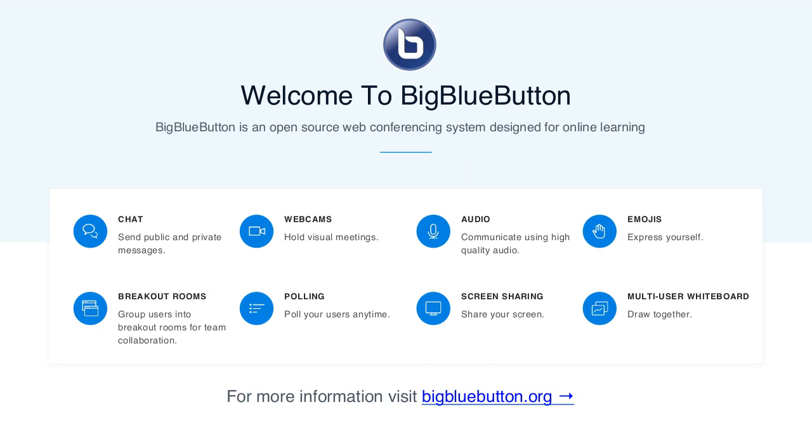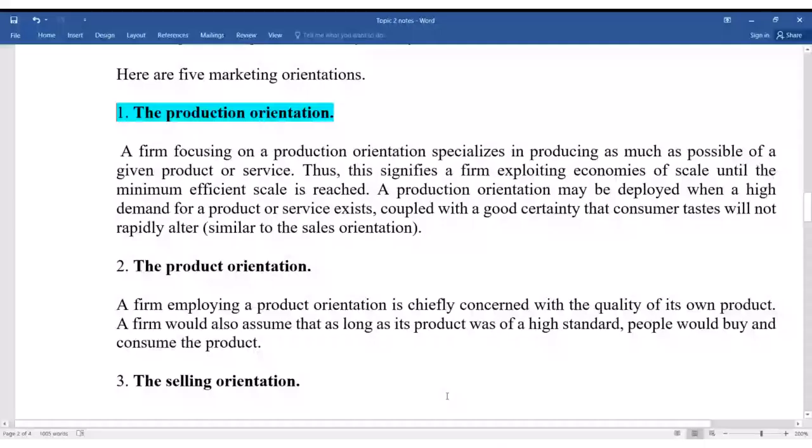Let me roll it again. Yeah, that's what I want you to see.